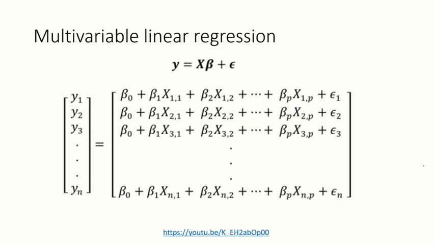We want to find the best combination of the beta vector values in order to achieve the best prediction of observed y. I think the beauty of this is you can write the whole thing in this very simple matrix multiplication form to represent the whole procedure.